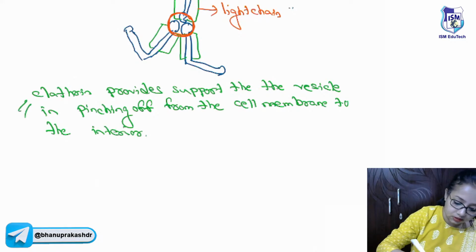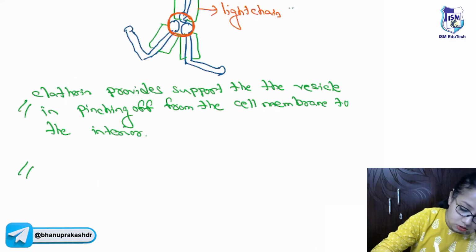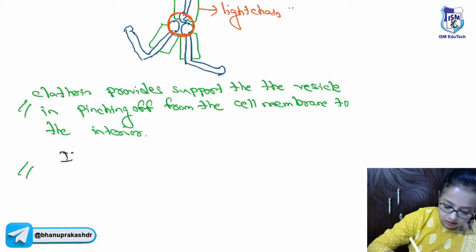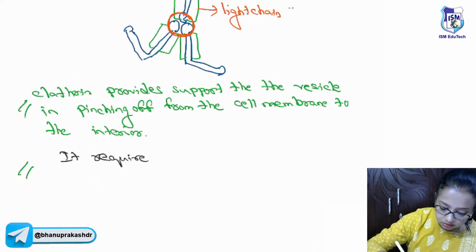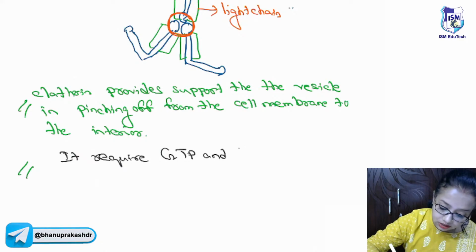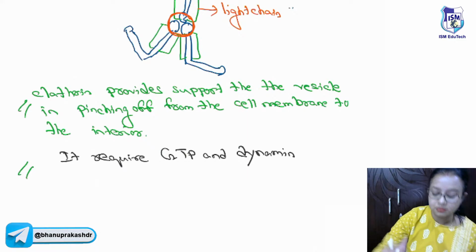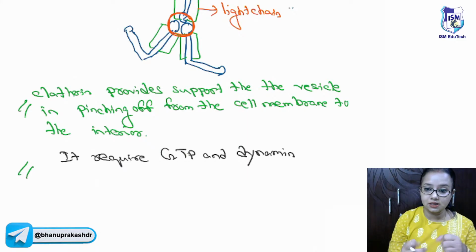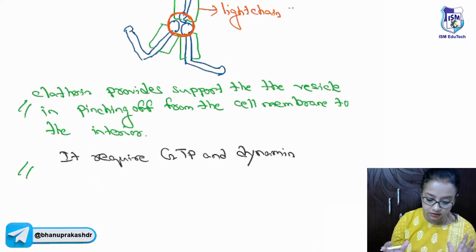Okay, in doing so it requires GTP and the supporting protein which is dynamin. Dynamin makes sure that the vesicle that is getting cut off or pinched off from the cell membrane does not break apart, does not lose its shape. Okay.